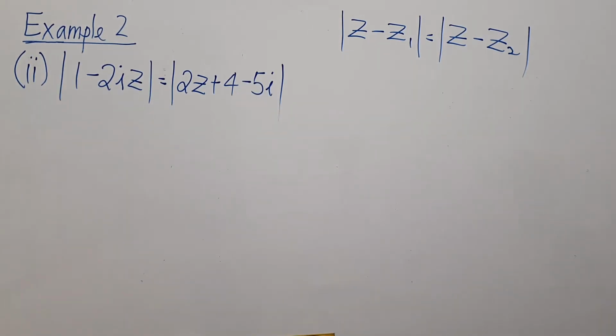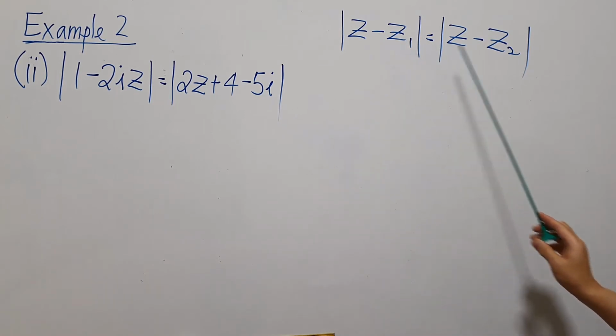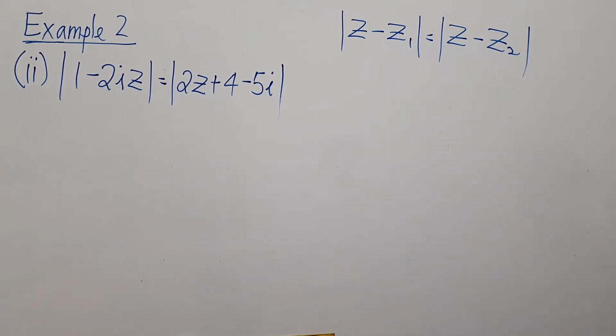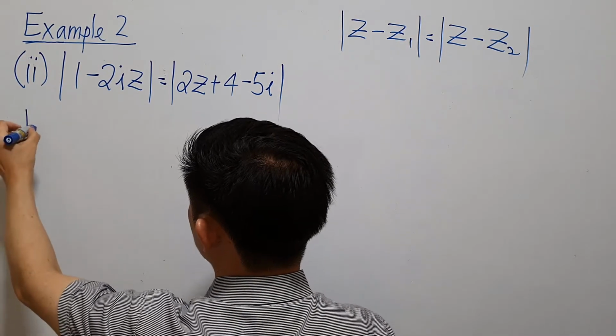And now next again, in example 2 part 2, you are presented with another equation. If you compare this equation with the generic equation for a perpendicular bisector, you find that they are not exactly alike right away. So when that happens, you will always need to do some tidying up. So for this question, to tidy up, you want to do this.